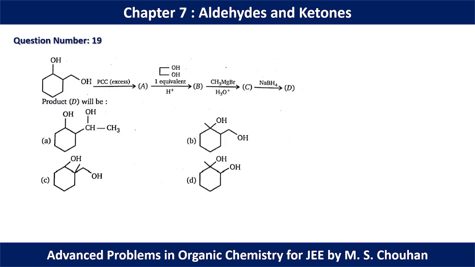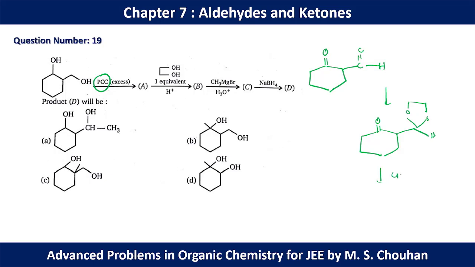In question 19, we have PCC, and PCC can oxidize 2 degree alcohol to ketone and 1 degree alcohol to aldehyde. Now we have masking, so obviously aldehydes are more reactive than ketones, so we have initially masking like this. Okay, now we have CH3MgBr, so CH3 minus will approach this position, and finally we can have this kind of situation, a 6-member ring.